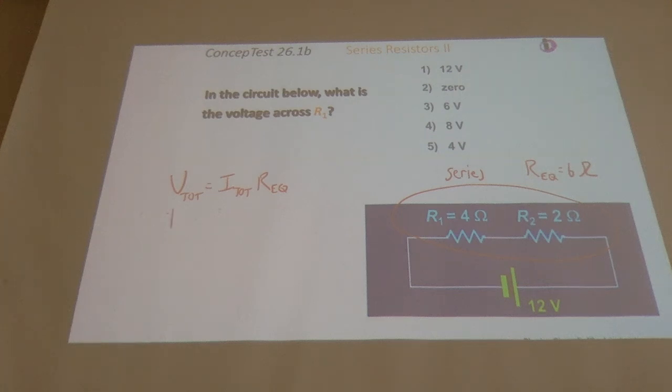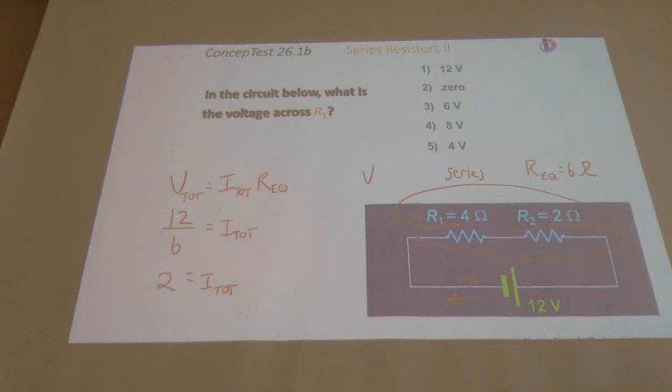And we can say that this is going to be 12 divided by 6 gives me I total. So that means that 2 is the current that passes through everything. So there's 2 amps that is here, and there's 2 amps that goes through this one, and there's 2 amps that goes through that one.